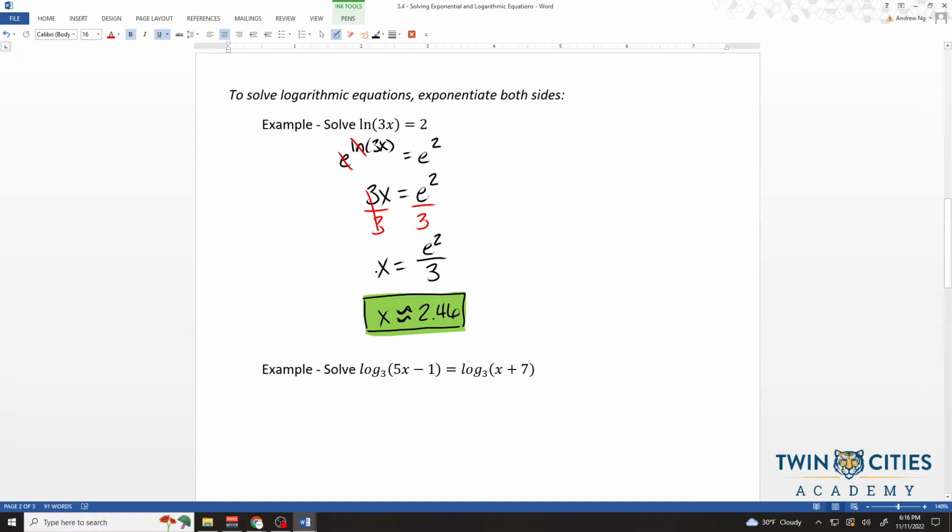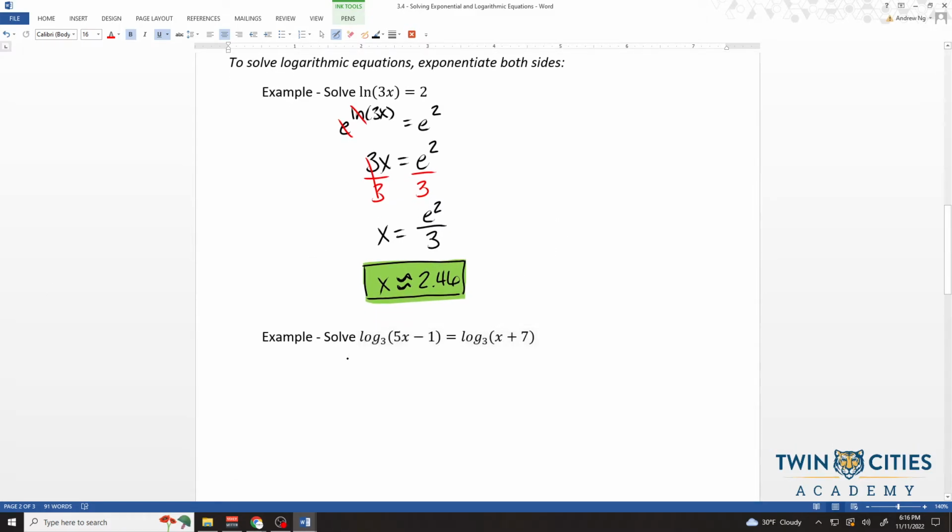All right. Lastly here, I've got log base 3 of 5x minus 1 equals log base 3 of x plus 7. Okay, well, I notice that the left side and the right side are both logarithms of base 3.